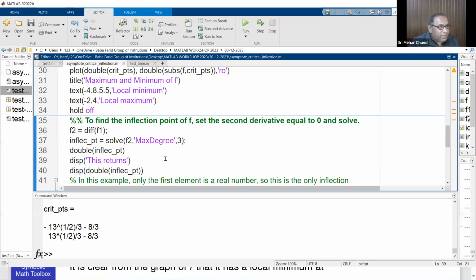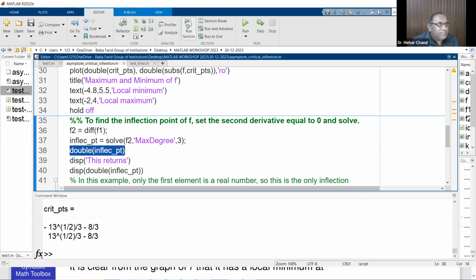When you execute this statement, you are very familiar with the display statement. It prints the value from this place.